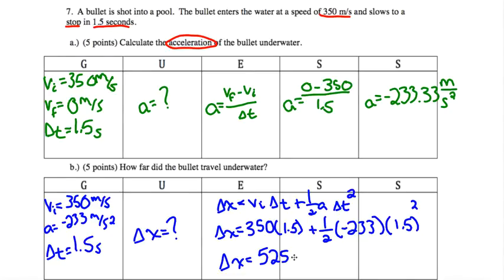Since there's a negative over here, you'll end up subtracting 1.5 squared and then multiplied by 233 and 1/2. You'll end up getting 262.5 if you do it correctly, or it should be close to that. Subtracting those two actually gives you the same answer, 262.5. That's your final answer for this problem.